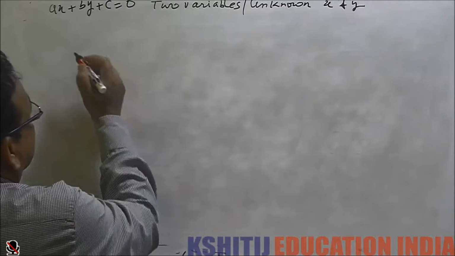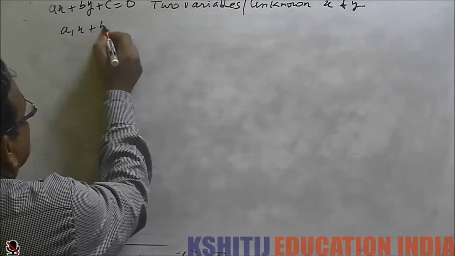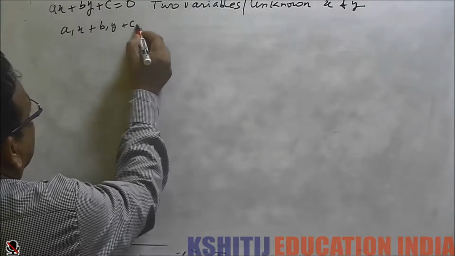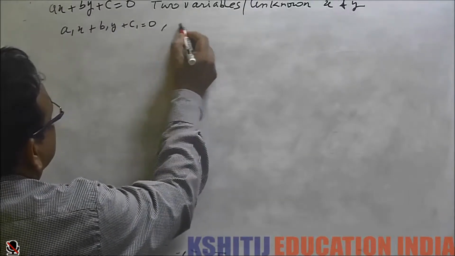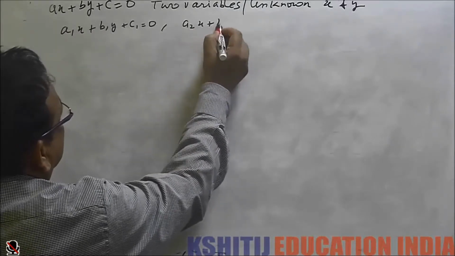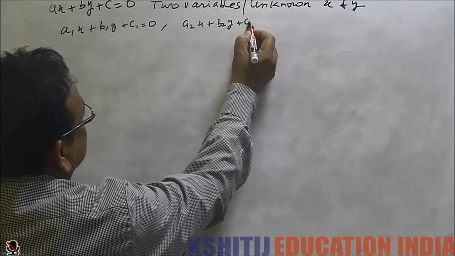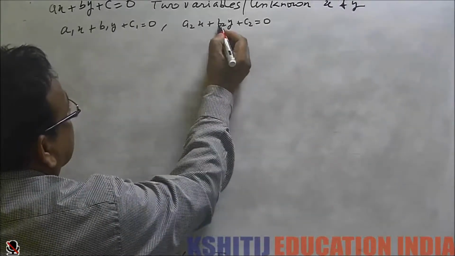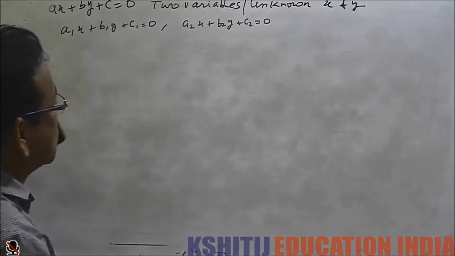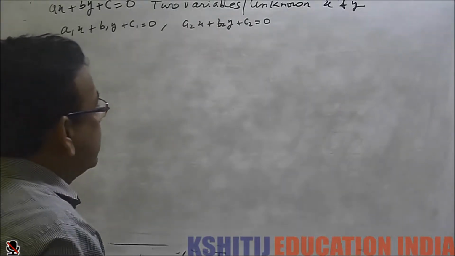Okay. So let's say my first equation is this. Another equation is, same standard format I am using. So now what I have done? Now I have two equations with the same unknowns, x and y.